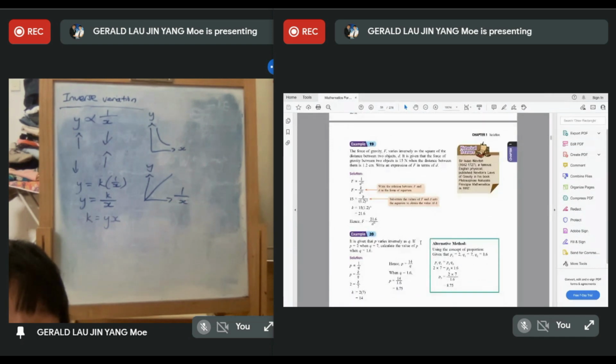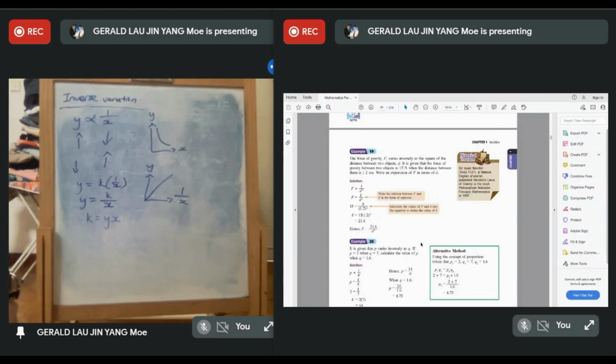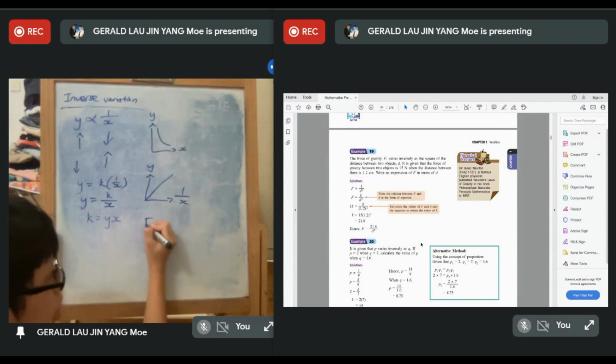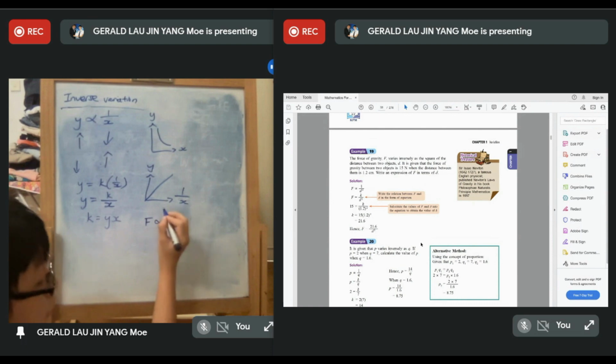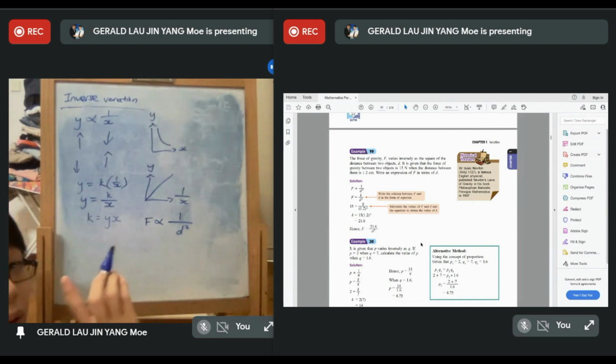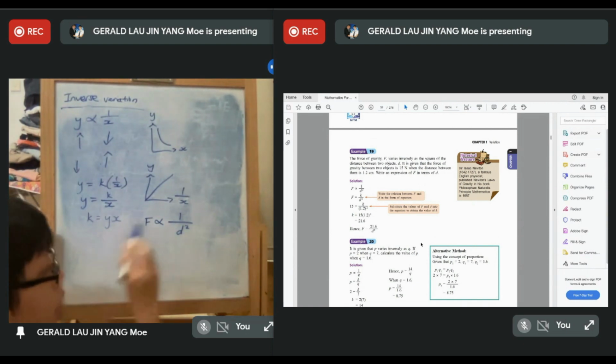Let's look at example 19 first. F varies inversely as the square of the distance between two objects. So you write down first the variation form: F varies inversely, that means 1 over the square of the distance, D squared. Before we continue, we have to write in equation form first.